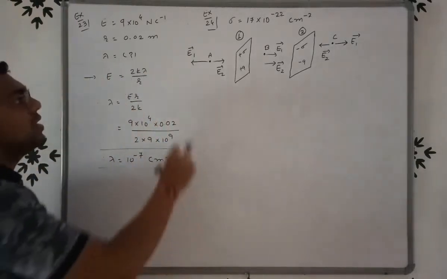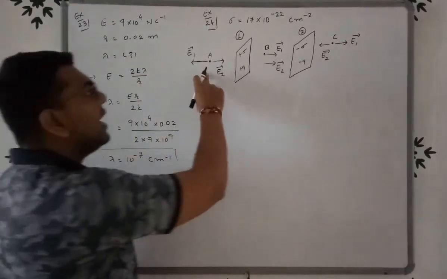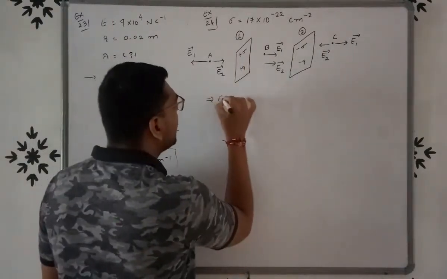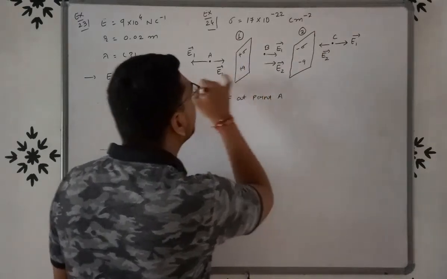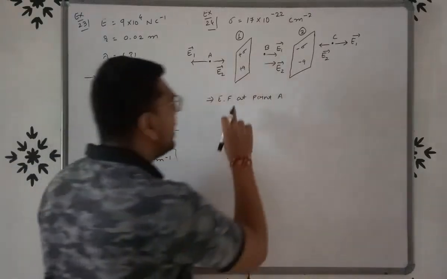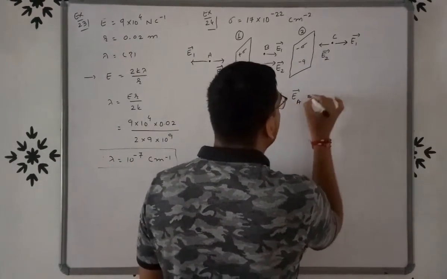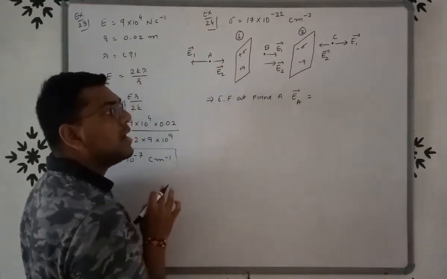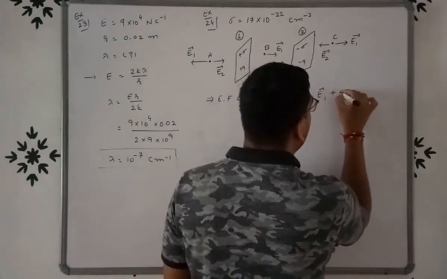So here we have to find out the electric field at point A, at point B, and the electric field at point C. So first of all, the electric field at point A, which is outside plate 1. EA is equal to E1 plus E2.